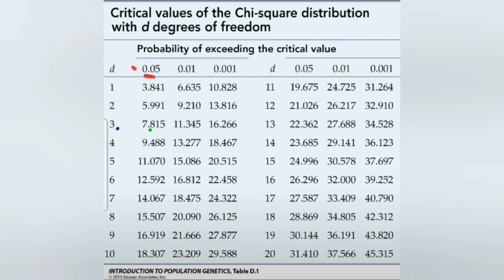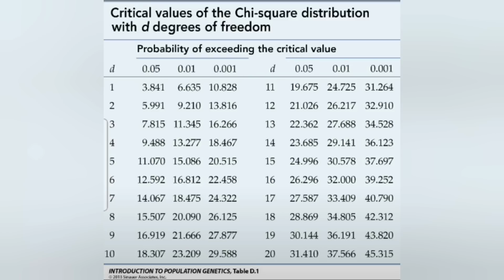Let me test you now. Let's say the degree of freedom is 2 and the level of significance is 5%. What will be the critical value? The first step is to identify 2 on your degree of freedom, and you can see that here is 2.